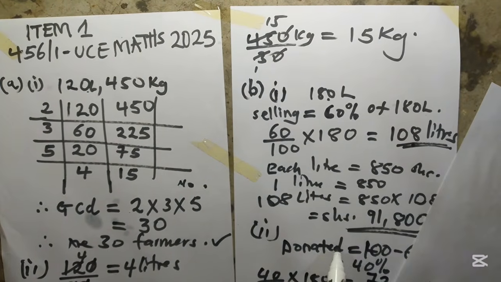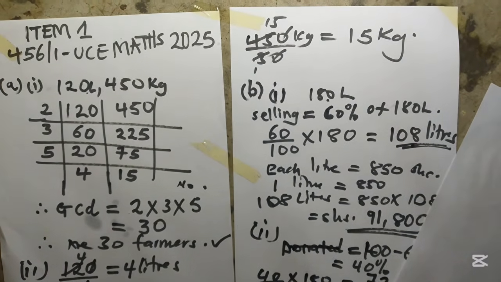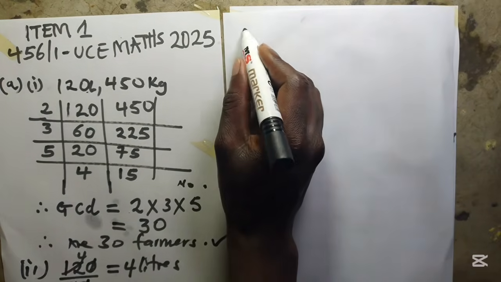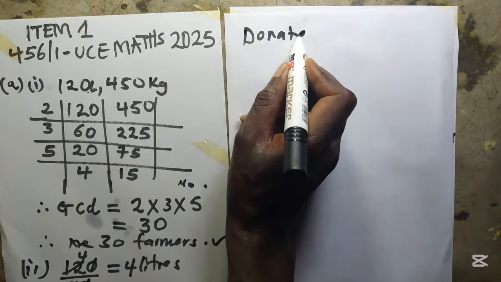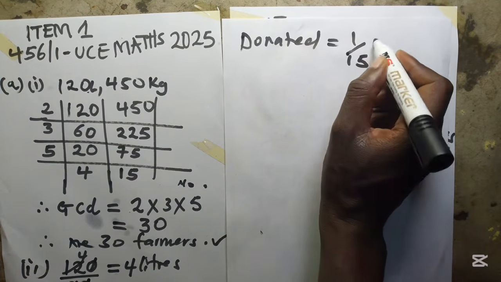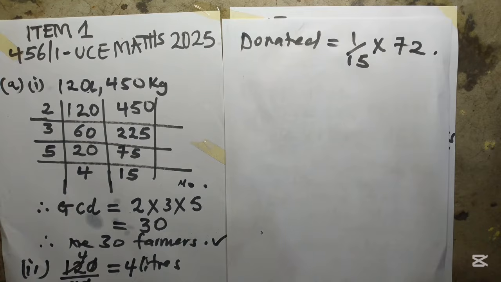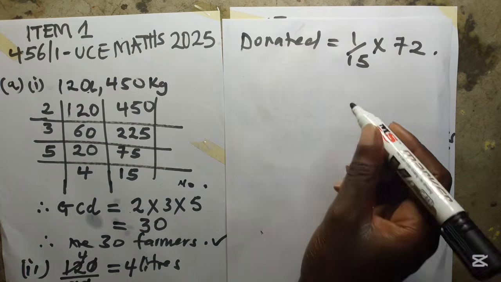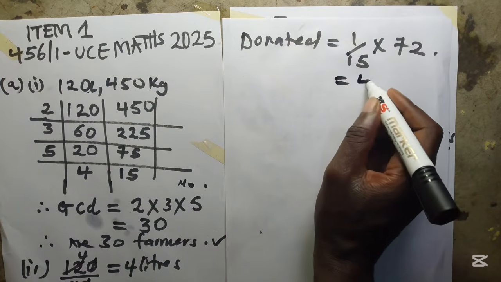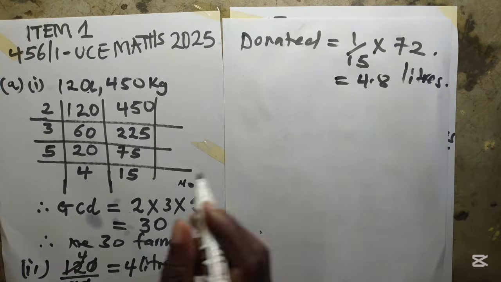Are you getting that? Remaining milk. Now donation, 1/5 times the 72 liters, you get 14.4 liters. So he donated 14.4 liters.